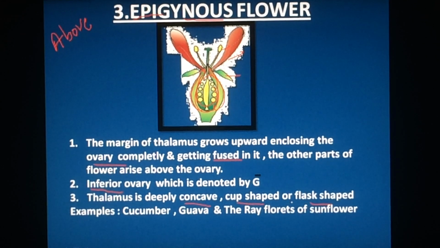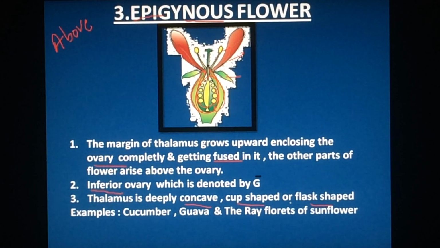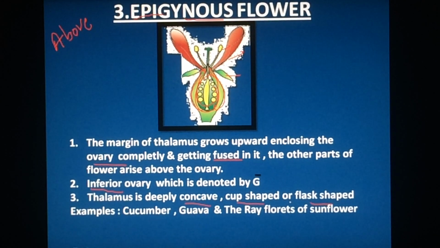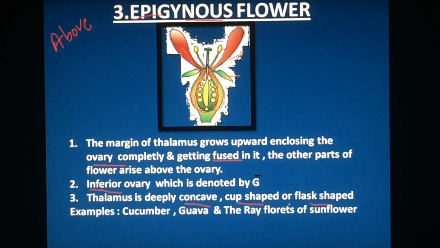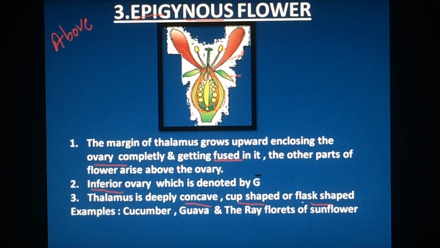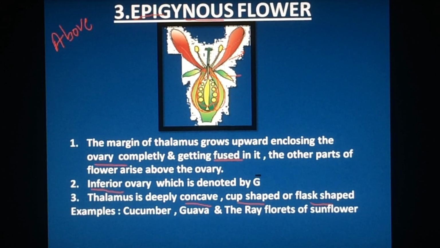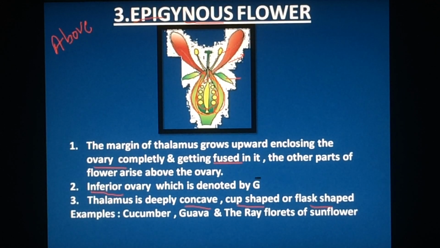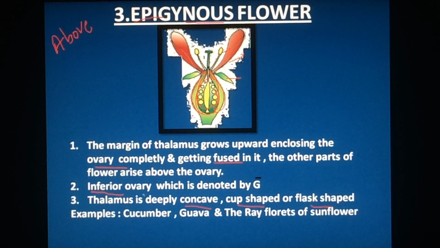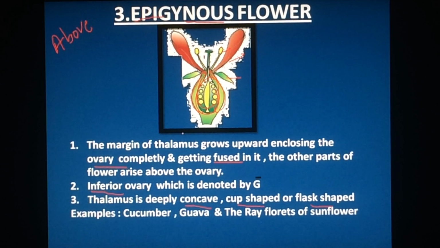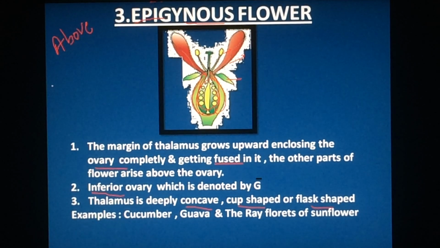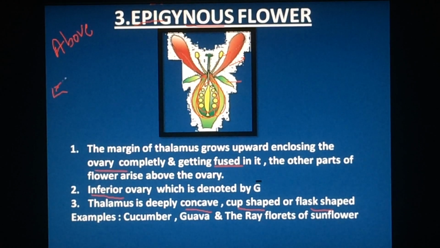Epigynous, it is concave, deep concave or cup-shaped, deep cup-shaped or flask-shaped. Such type of flower, where inferior ovary is there, all other floral whorls are above the ovary, is called as an epigynous flower, and that condition is called as epigyny.